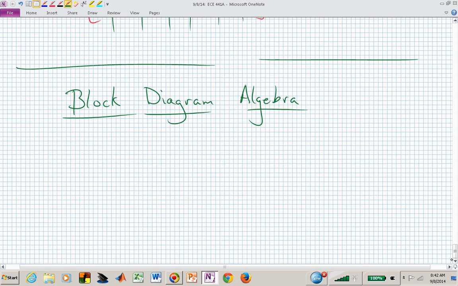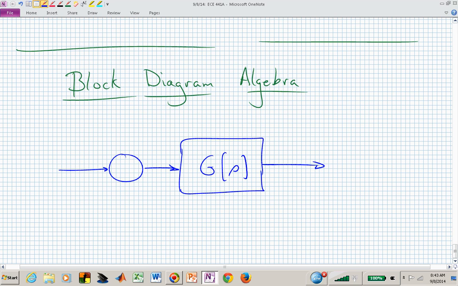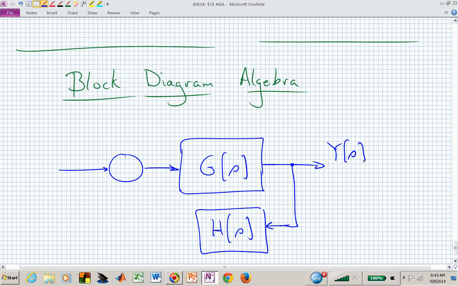Let's see what happens for a very classical block diagram, and we will collapse a lot of our information into a system transfer function. Let's just say that we have a transfer function, G of S, and we are going to put that in a feedback configuration. Here is our output, Y of S. Here is our reference input, R of S. We are going to compare that reference signal.